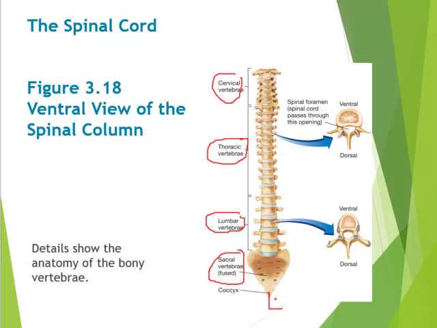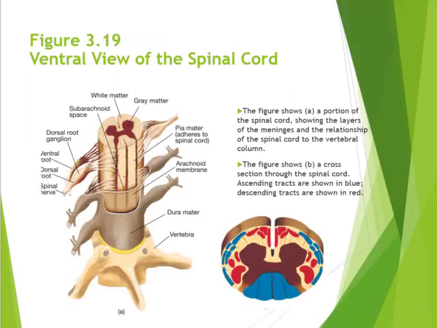So the important thing to note is that the spinal cord passes through an opening in this column, and you can see a cross section of the spinal cord in this last slide. And in this slide, figure A shows a part of the spinal cord with the different layers.